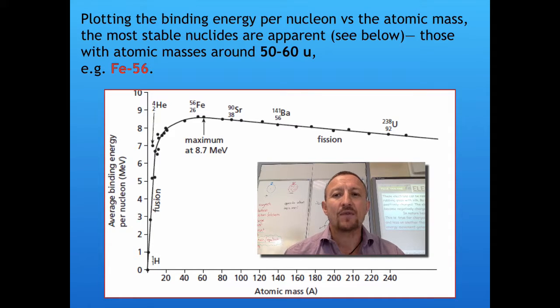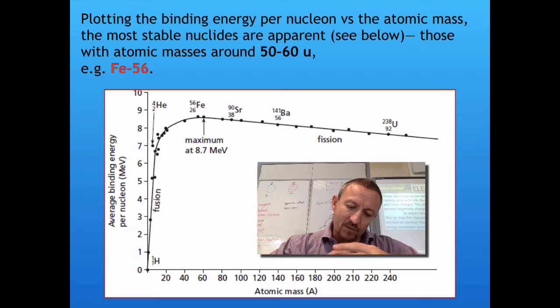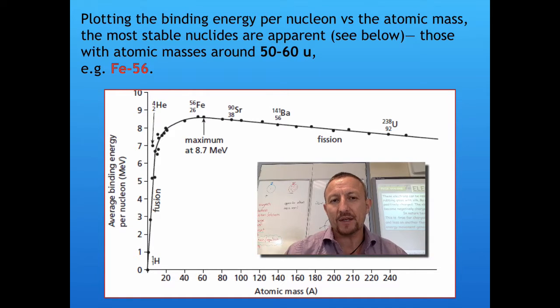And then you can see we've got uranium-238, which is sitting high up, round about between 7 and 8 mega electron volts. As the number of nucleons increases, we get this increase in binding energy up to a specific point. At that specific point, we say that the nucleus is then stable.